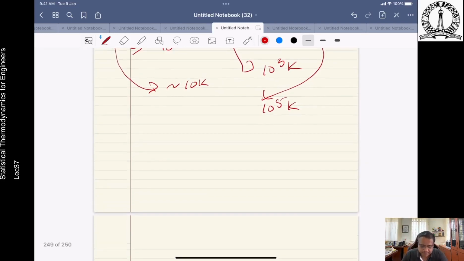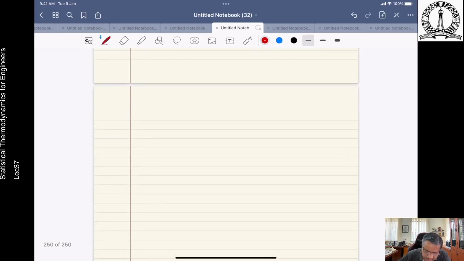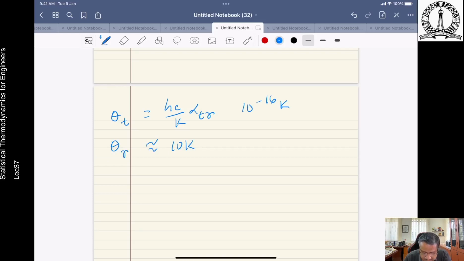So let us write the temperatures once again. For example, theta T, which is the translational temperature, is hc/k times alpha TR, and this is roughly of the order of 10 to the power of minus 16 K. Then theta rotation, written as theta R, is approximately 10 K, and that is equal to hc/k times Be.